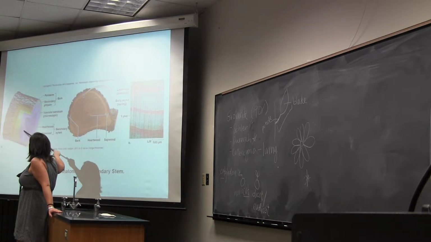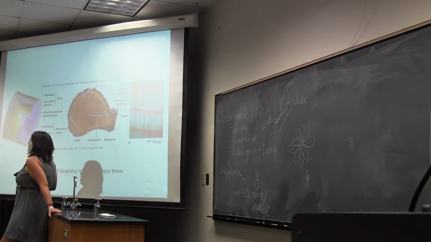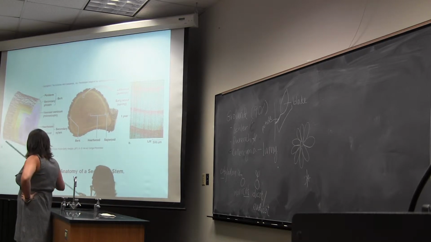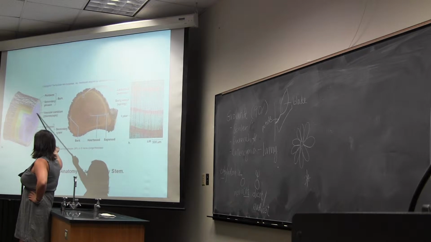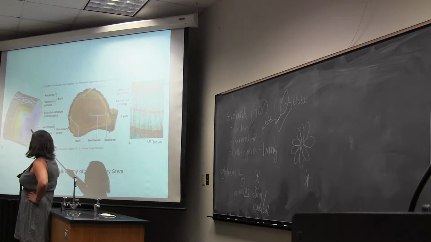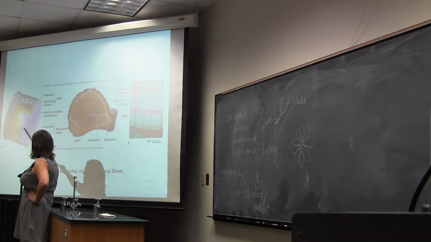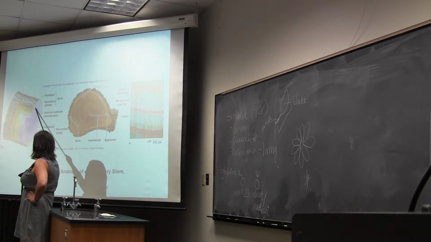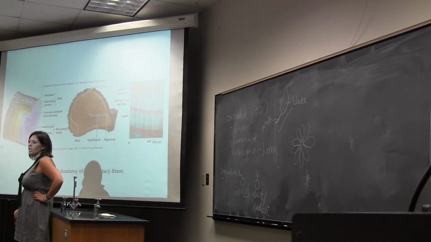And then the actual wood part is the most internal part, this purple region, and that wood is made up of secondary xylem. You can see this darker region, this is the heartwood. And the sapwood is this outer region. Again, these have the functional cells, and the heartwood has the non-functional cells.